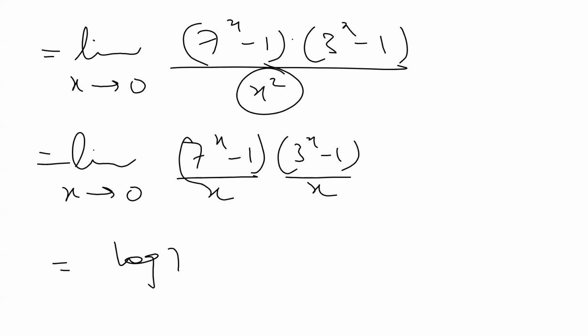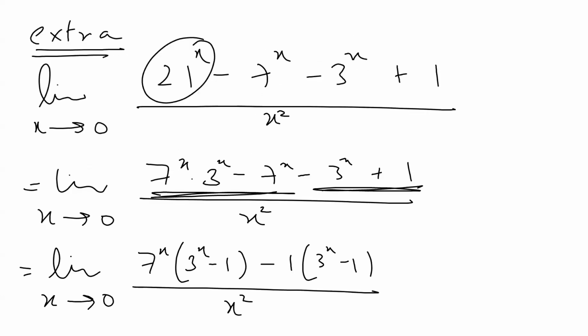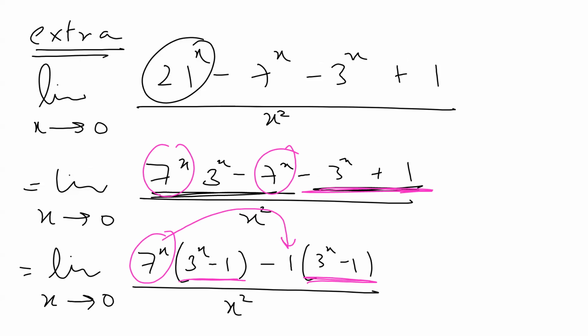Where did the minus sign go between both the terms in the numerator? 7 raised to x common. Minus 1 common, 3 raised to x minus 1. So 7 raised to x minus 1 into 3 raised to x minus 1.